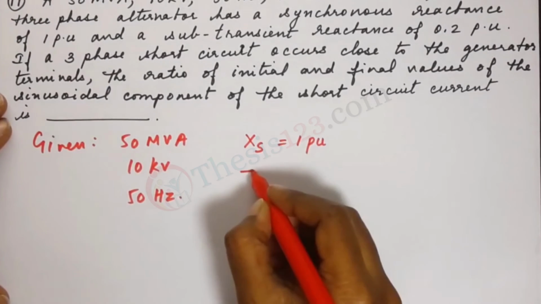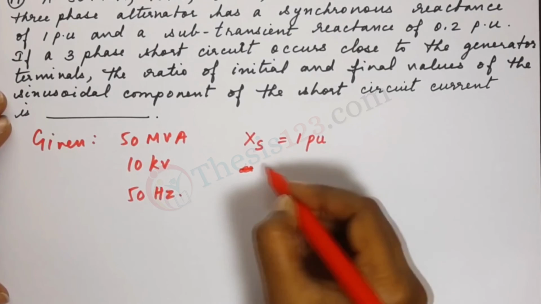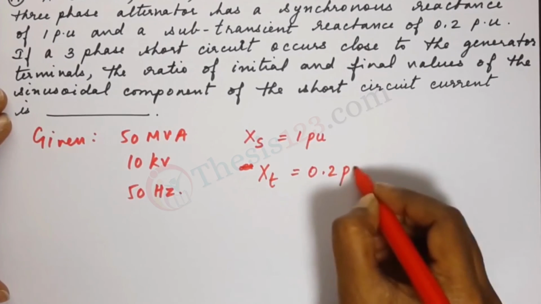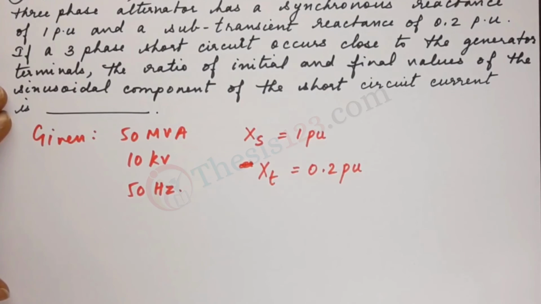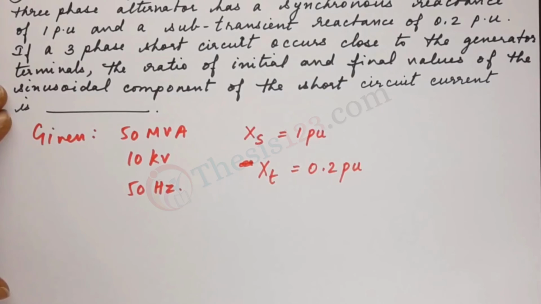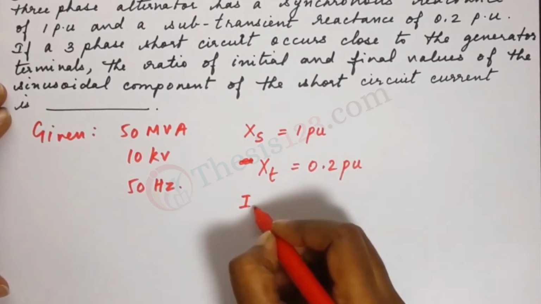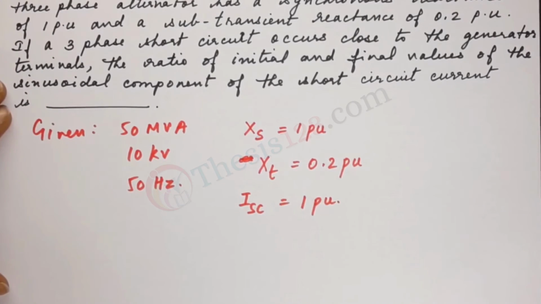The subtransient reactance, I'll just write that down as XT, is 0.2 per unit. During the transient period, the short circuit current is 1, so we will have to keep that in mind. Short circuit current would be 1 pu.